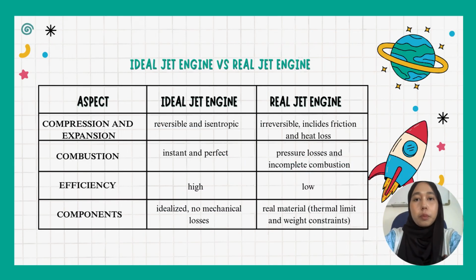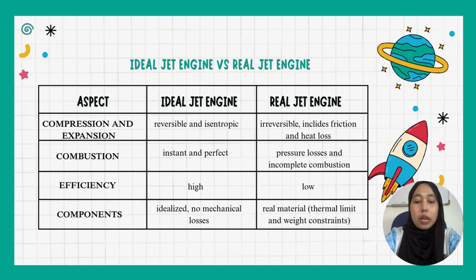Here I will explain the comparison between an ideal jet engine and a real jet engine. In an ideal jet engine, both compression and expansion are assumed to be reversible and isentropic, meaning there is no friction or heat loss. But in a real jet engine, these processes are irreversible due to the effects of friction, turbulence, and thermal losses.